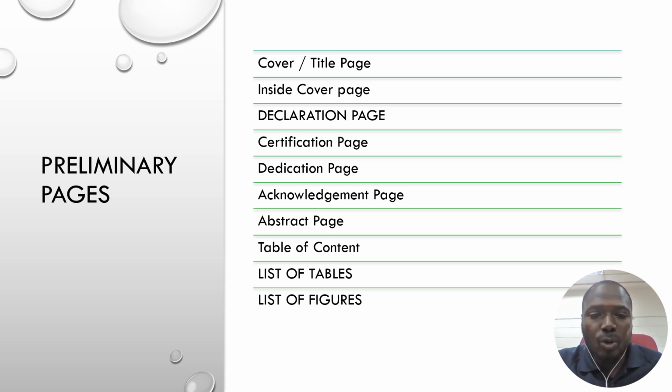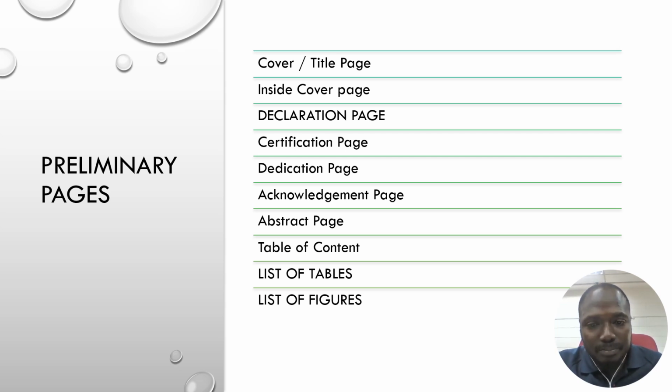All these will be in the acknowledgement page. So in the dedication page, you only dedicate it to one person. You can dedicate it to your dog, to your watchman, to your husband, to anybody who you think played a role in your life.